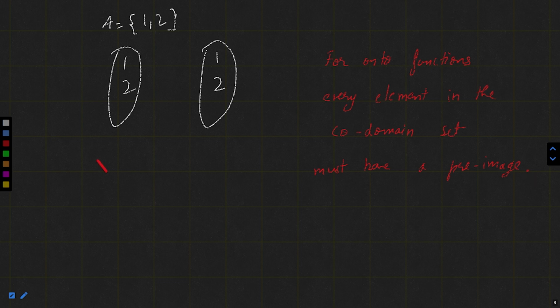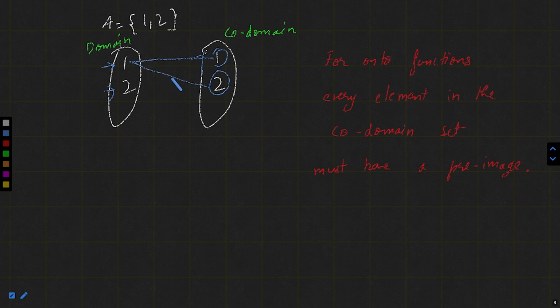What this means is that this is my codomain set, and this is my domain set. You all know that every element in the codomain set must be associated to some element from the domain set. Suppose 1 is associated with 1, can 2 be associated with 1?